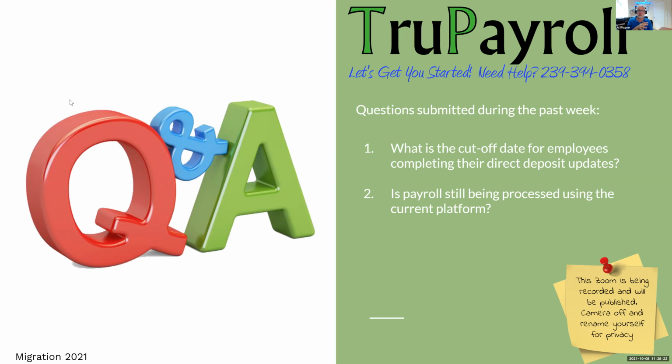The other part too is that the onboarding process for new employees, we're going to walk them through that as well. So they'll actually be filling out the W-4 in line. You send them either an email or a text message, or they're sitting there with you, and they fill out their personal information and go through the W-4, complete the I-9, and have a picture ready to upload.